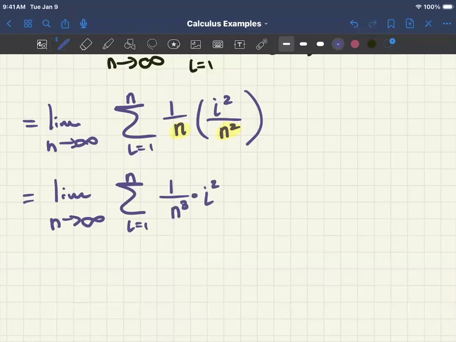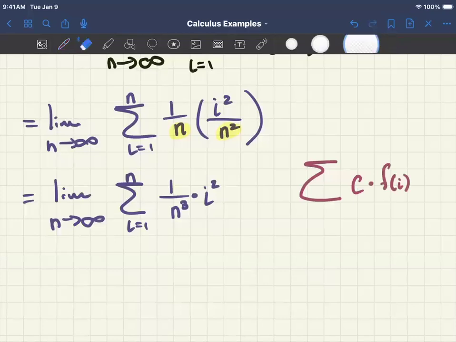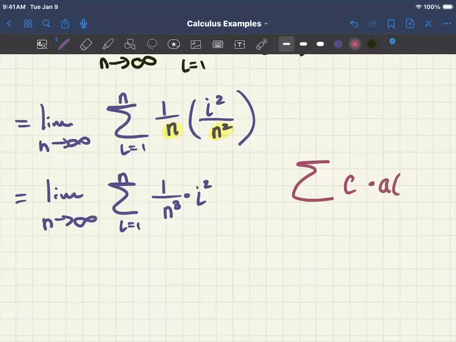When we have two things that multiply inside a summation, a constant times some function a of i, with the sum from i equals 1 to n, we can actually pull the constant all the way to the outside of our sum.